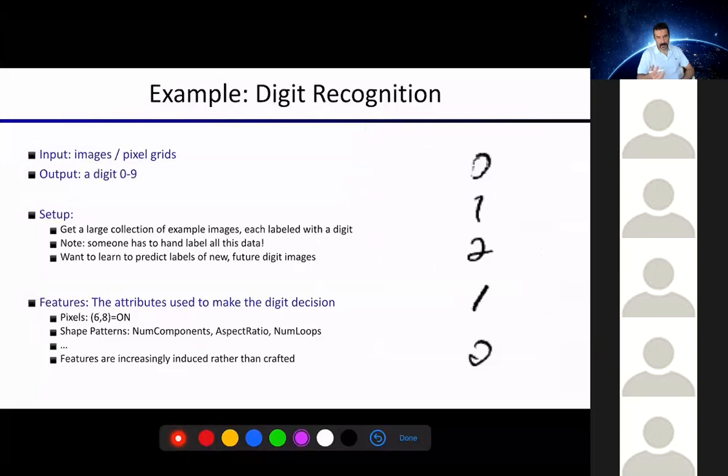Or it could be a kind of digit recognition where the only difference is that you have more labels. You have labels from 0 to 9, and based on the features that you have, typically the features for digit classification are basically the raw features in the image, whether a pixel value is 0 or 1.